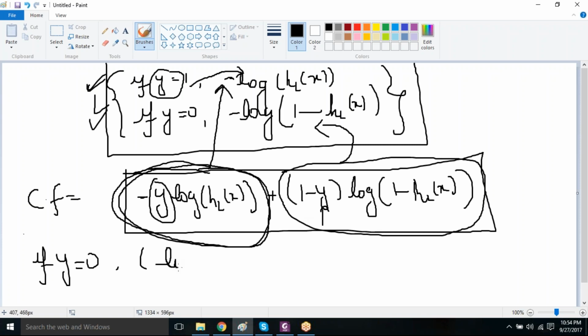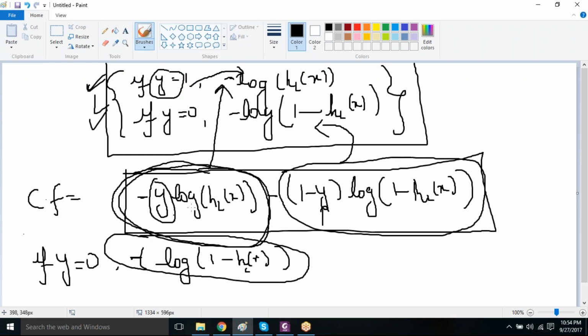So you will be left with log 1 minus this, right? And this is what your criteria was. This was your criteria, right? So I can write it like that or not?